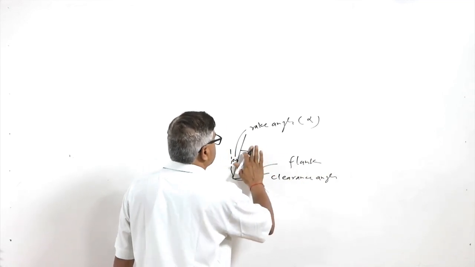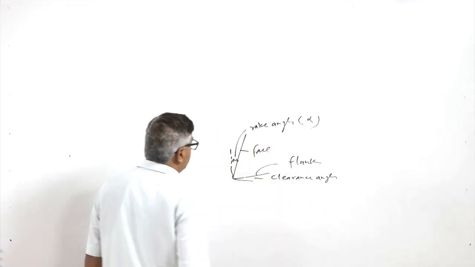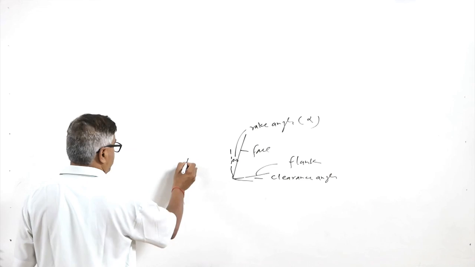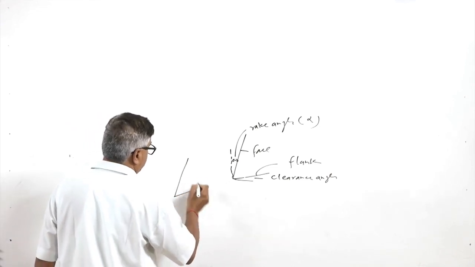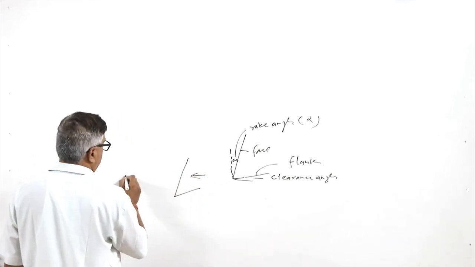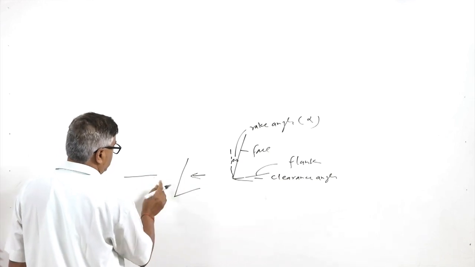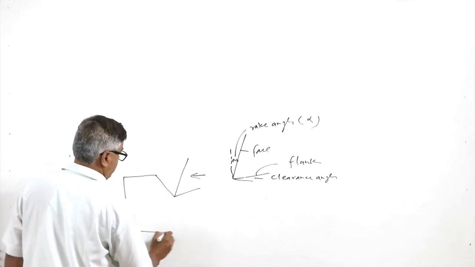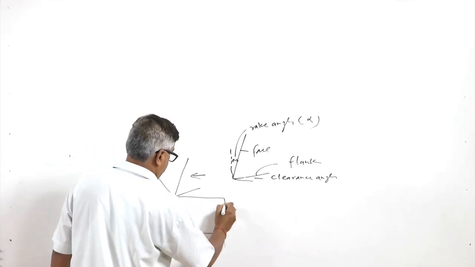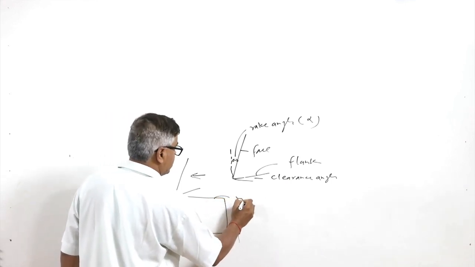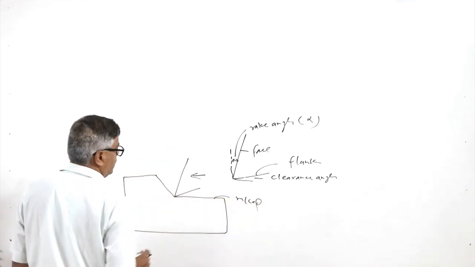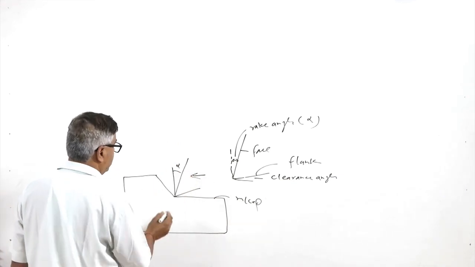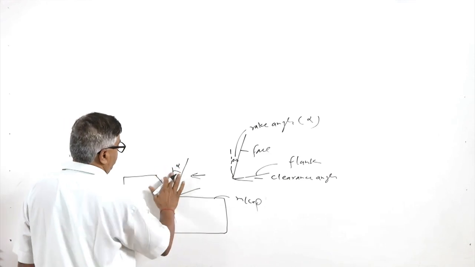In this case, when the tool is moving after certain penetration, it removes the material. Like say this is the machined surface, this is the flank, and this is the rake face, this is the rake angle alpha.